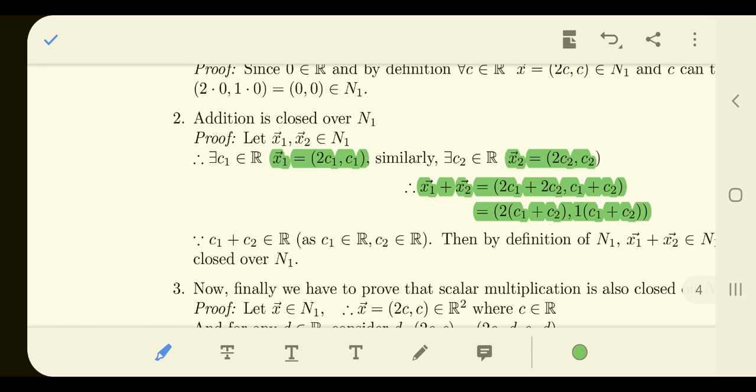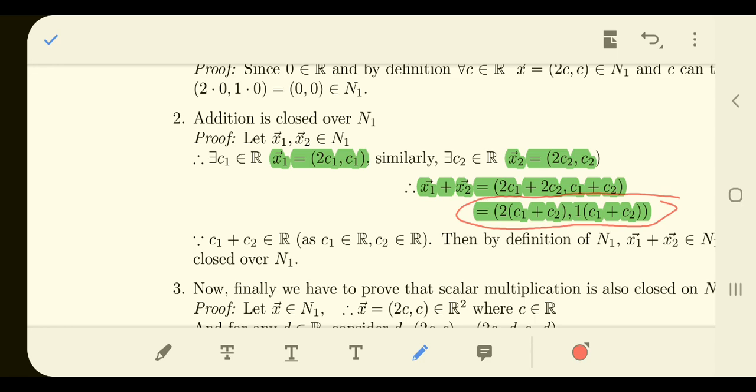The definition of n1 says that it contains all those points which can be written as (2c, c), right? So you can see that I am still able to write the sum as (2c, c).